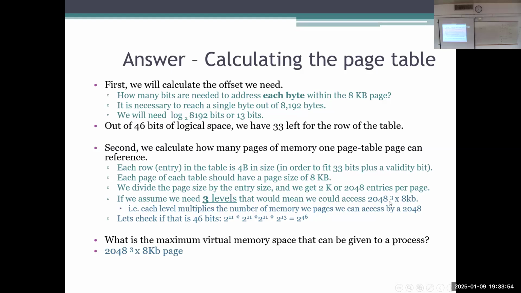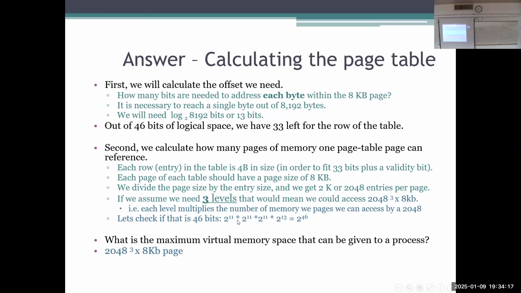But the final one also has an offset of 8K. Because we got the page, we now know where the page is. But in the page, there's 8 kilobytes. So how much memory is that?